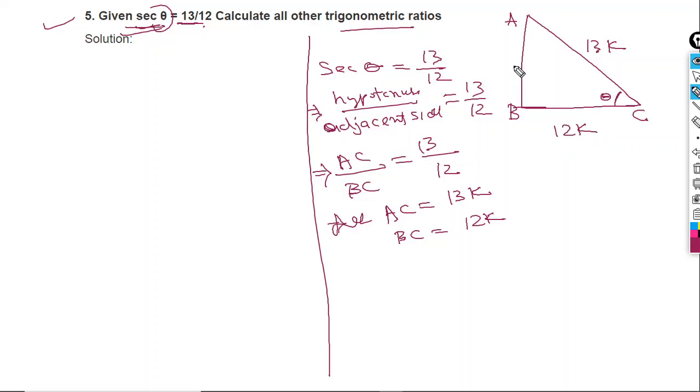We can find the value of AB. We'll put the Pythagoras theorem. AB square equal to AC square minus BC square.